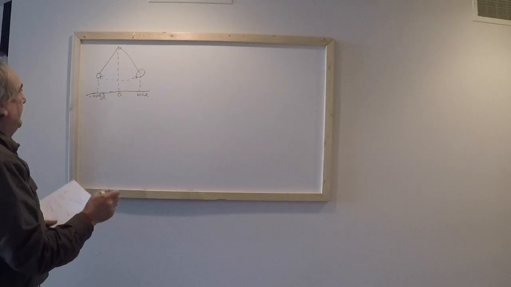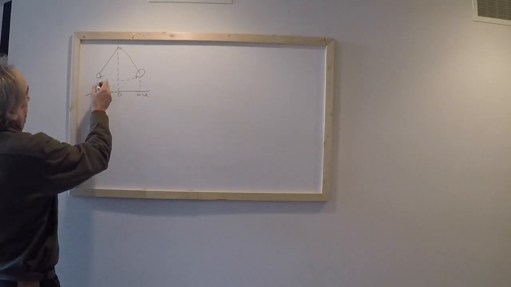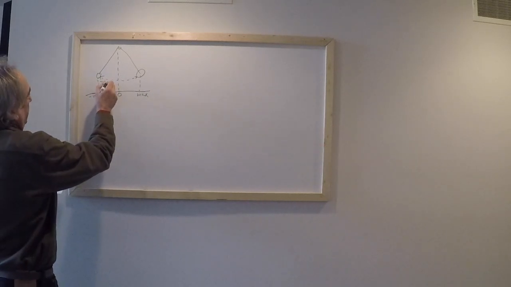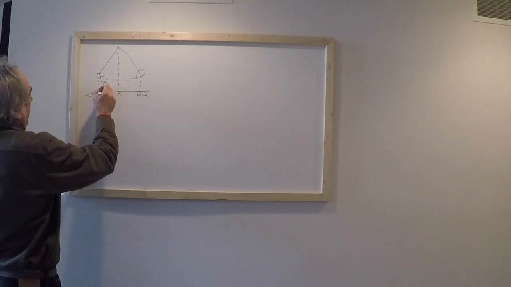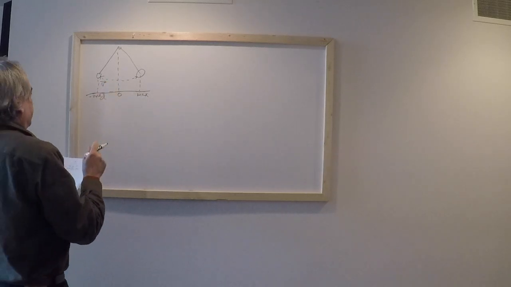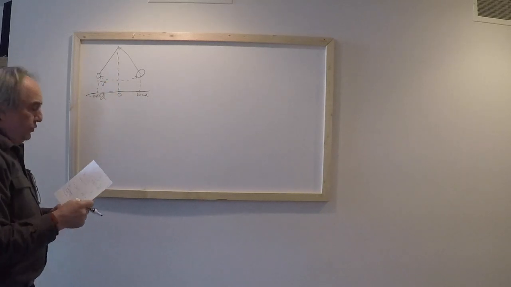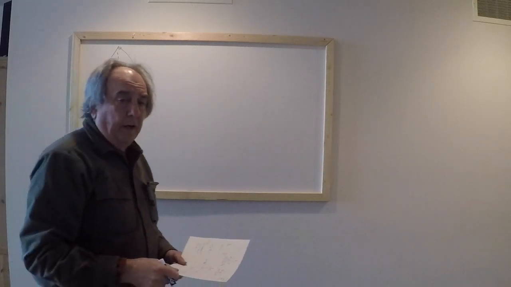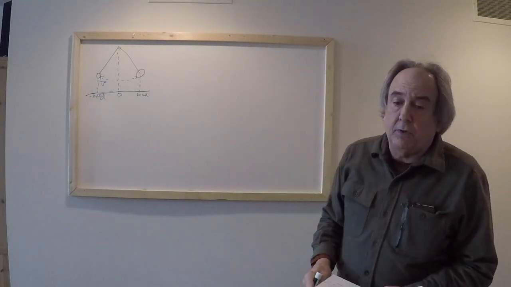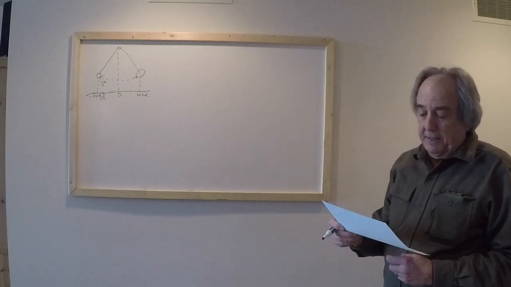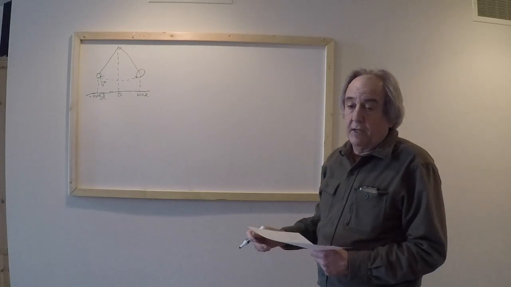And at any given time, the pendulum is moving at some velocity. So there are two variables that describe the state of this pendulum at any given time.